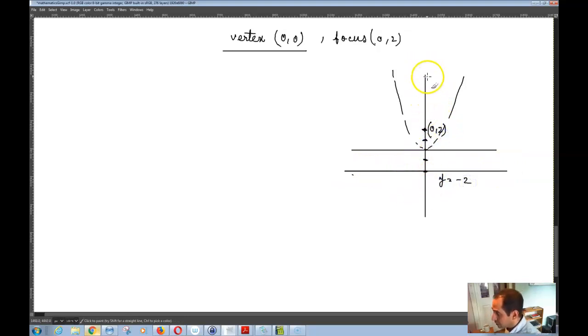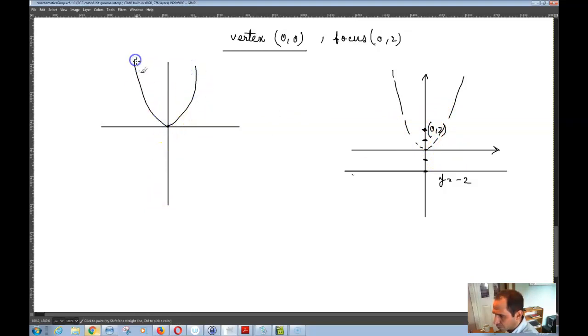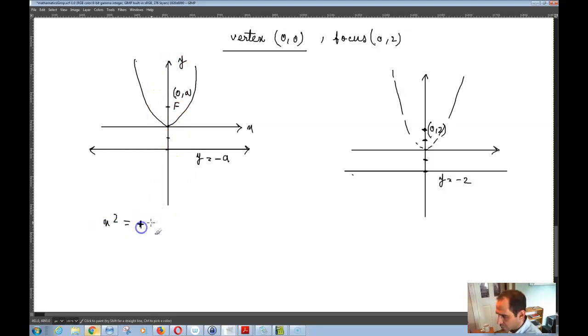The reason I'm saying this is that we had this case where your parabola was opening upwards, and your focus was at (0, a), and your directrix was the line y is equal to -a, and the equation of this parabola was x squared is equal to 4ay.